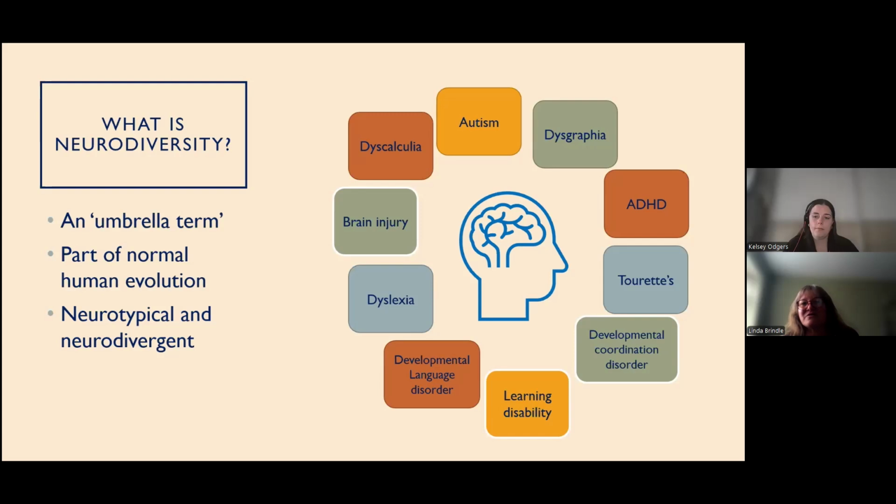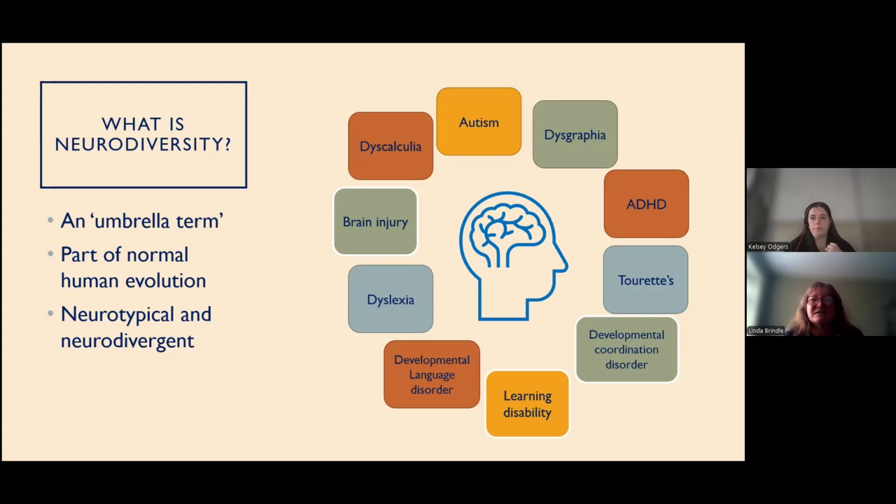The term neurotypical refers to those people whose brain processes, skills and behaviours are considered to be standard or typical in society. And the term neurodivergent was created as the opposite to neurotypical, to refer to people whose brains work differently to the typical cultural standards. So neurodivergence includes a number of things.